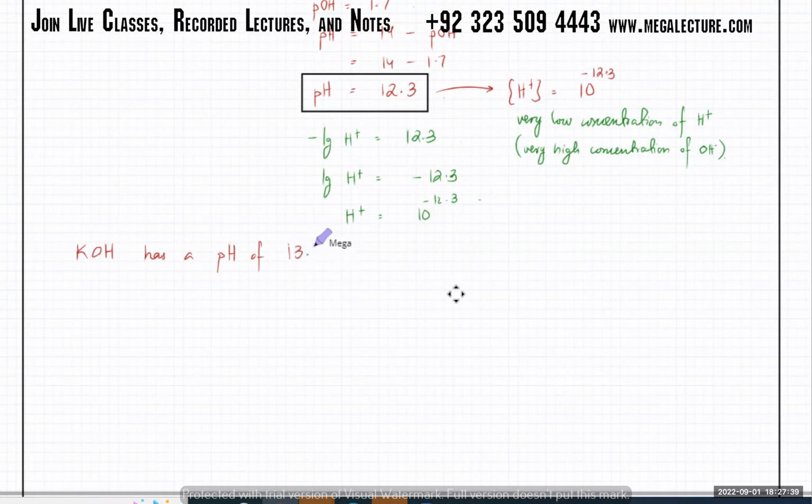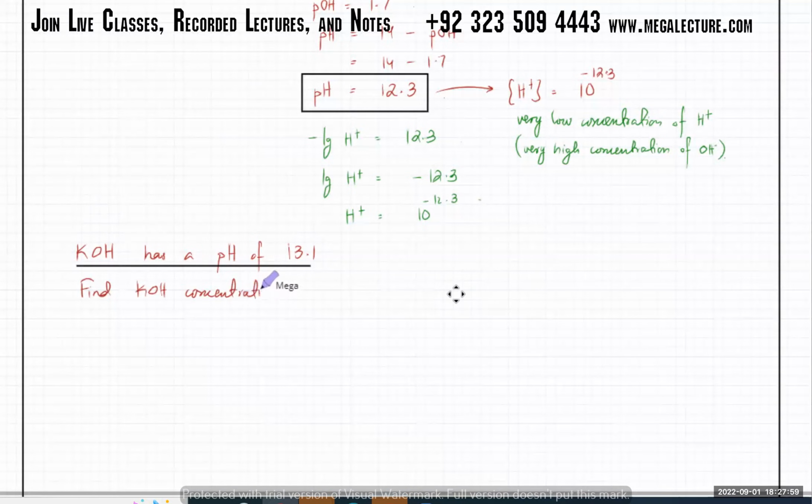It's strongly basic. So it's got a pH of 13.1, and they're asking you to find the KOH concentration. What is the concentration of the base?